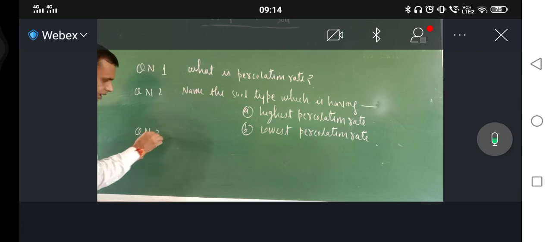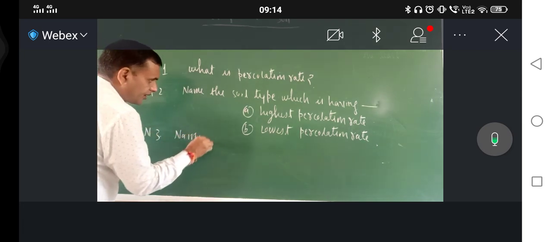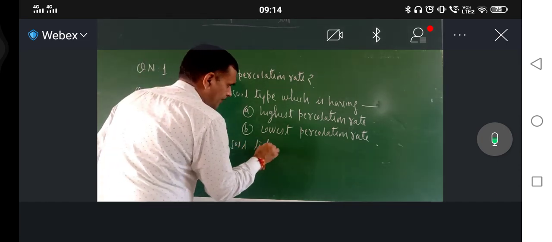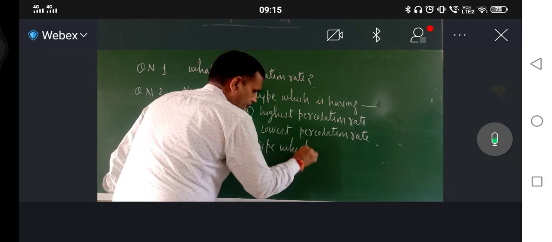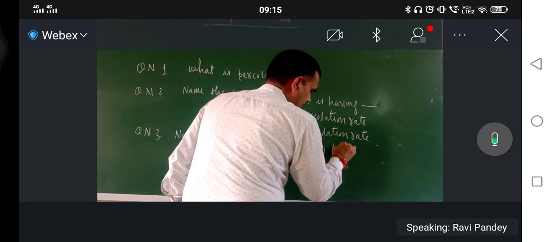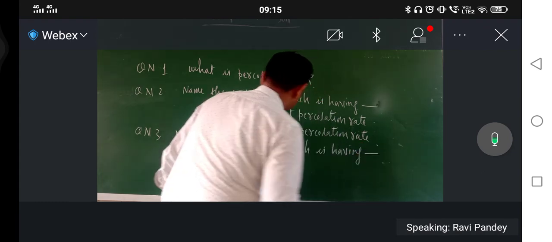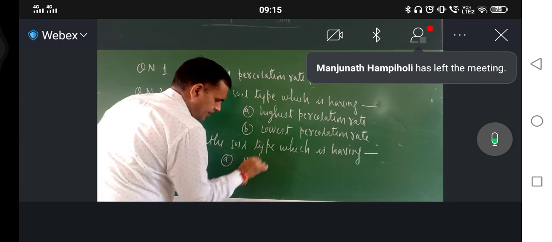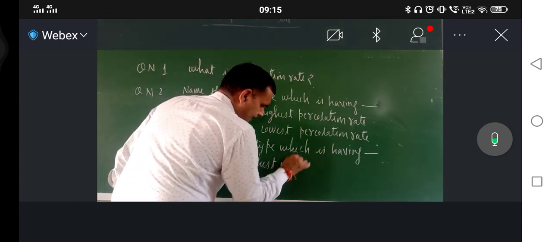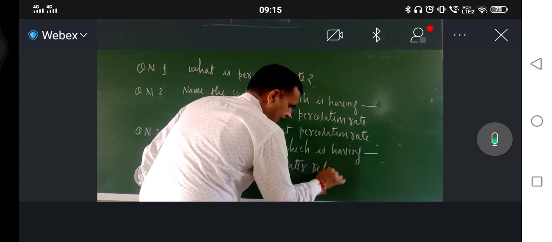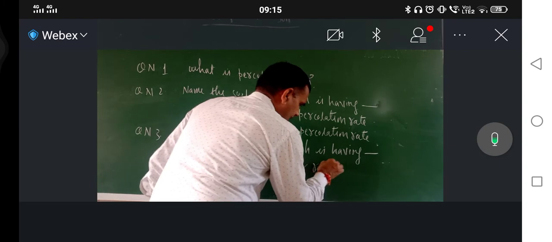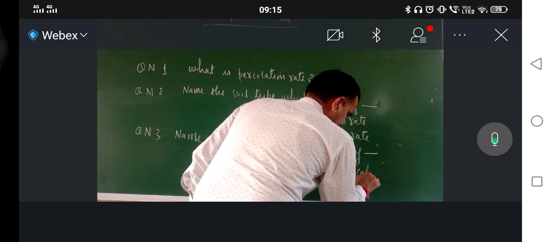Question number three: Name the soil type which is having the highest water retention capacity.